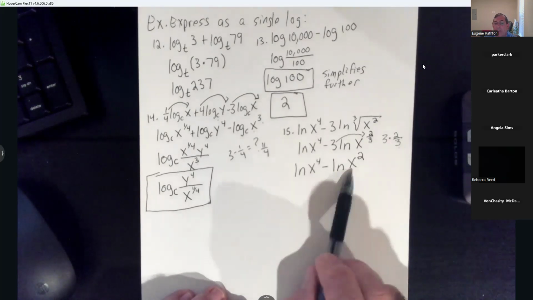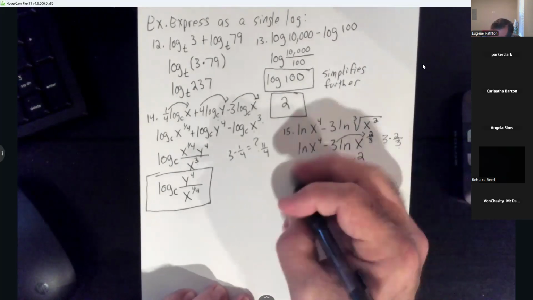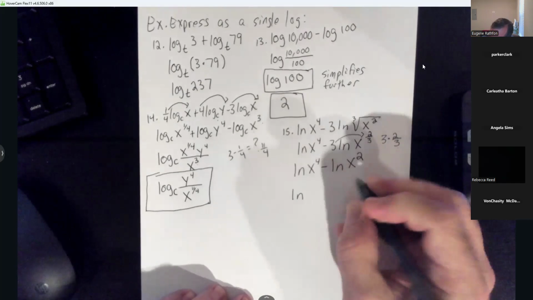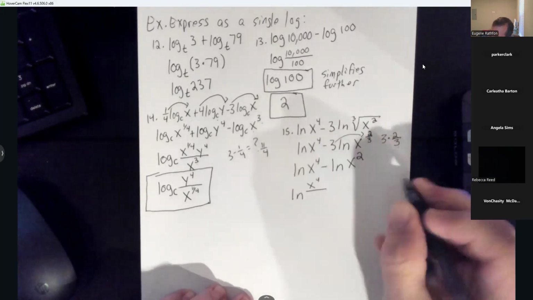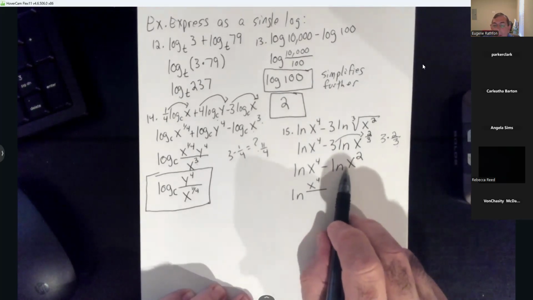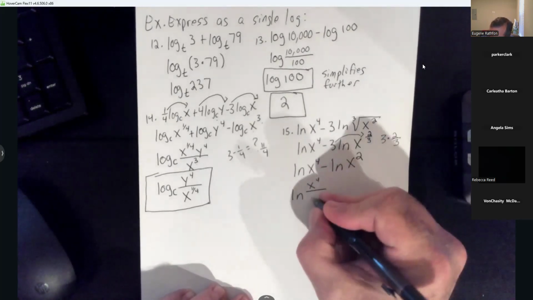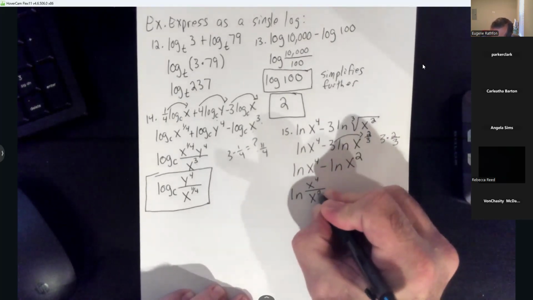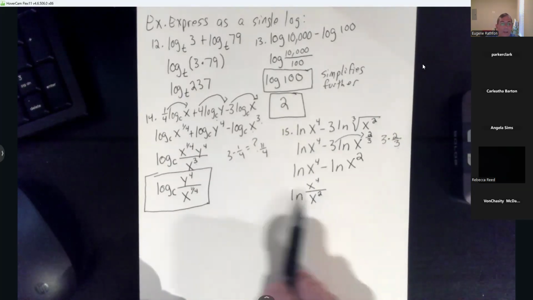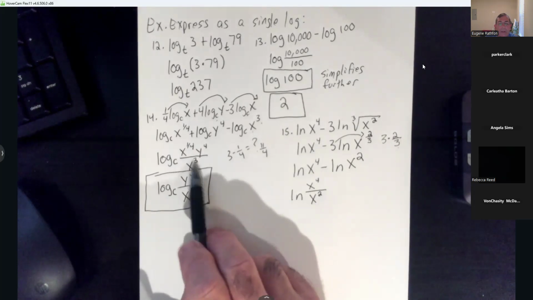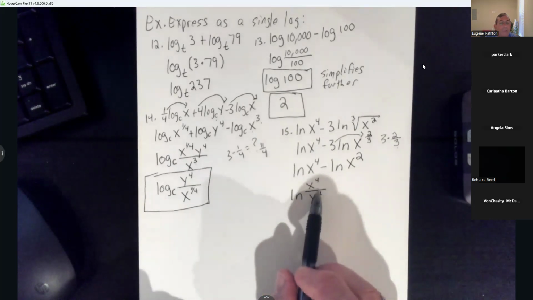Now, since these are being subtracted, we're going to bring out that ln. The x to the fourth goes on top. Since this was being subtracted, the x squared goes to the bottom. See, y'all look here. We got x's over x's like I did up here. So we're going to subtract our exponents.